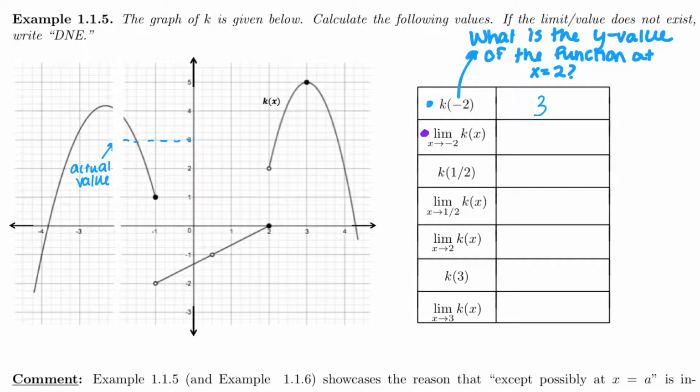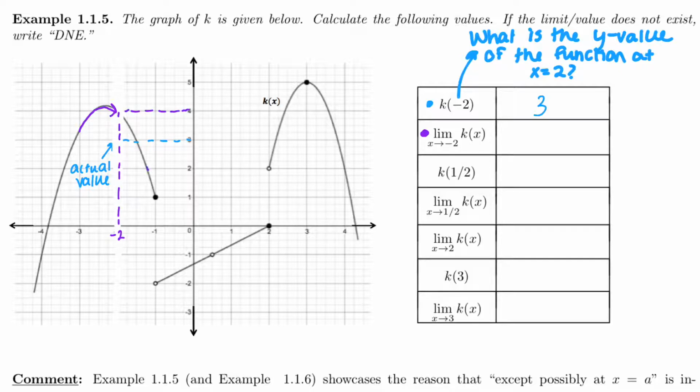Okay, well, you're following the function, right? You're following it. And let's look. Okay, well, it looks like the x value, -2, is right here, right? And as we get closer going this way, it looks like we're approaching 4, the y value 4.